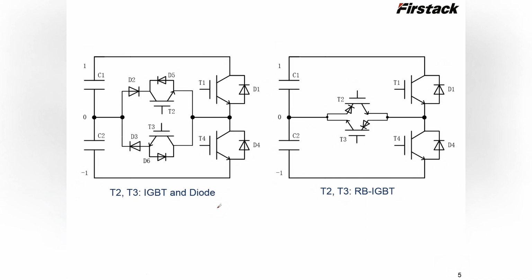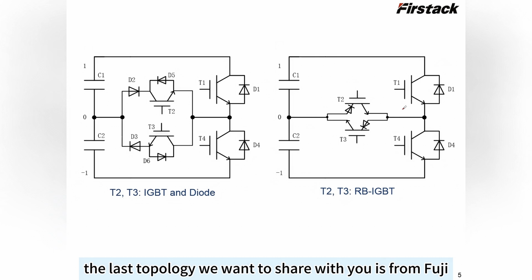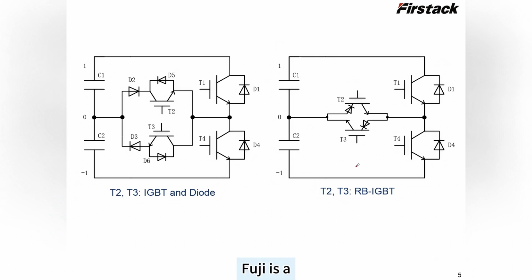And the last topology we want to share with you is from Fuji. Fuji is a famous power module manufacturer, and as far as I know, they are the only one who uses this kind of topology worldwide.